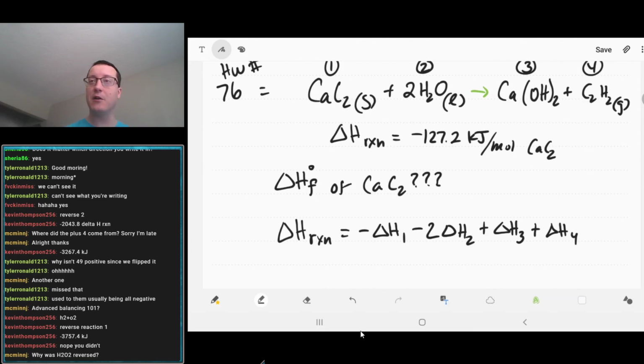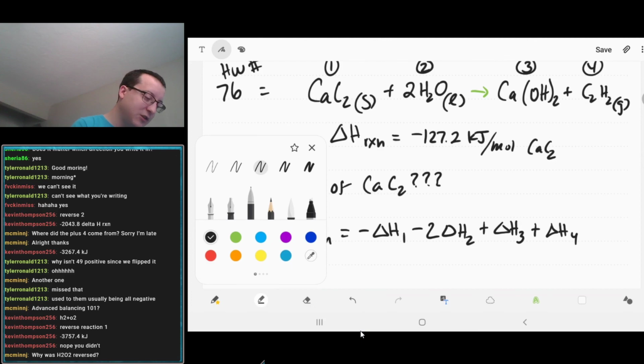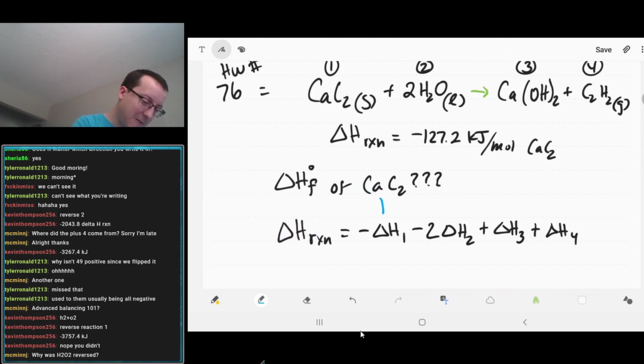So this reaction is already balanced. We just need to remember that for the first 2, since they're reactants, we're going to have to reverse them. I shouldn't say make it negative. We reverse the reactions. And so this question is asking us essentially to calculate delta H1.